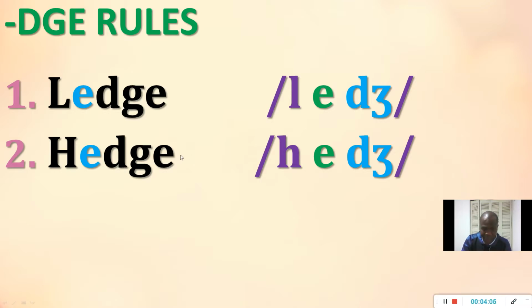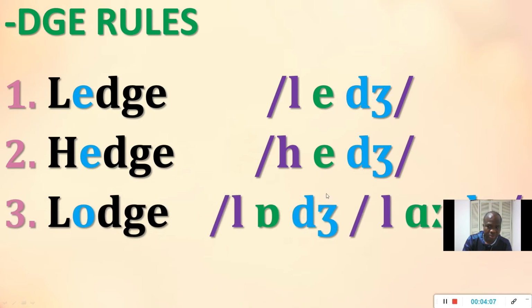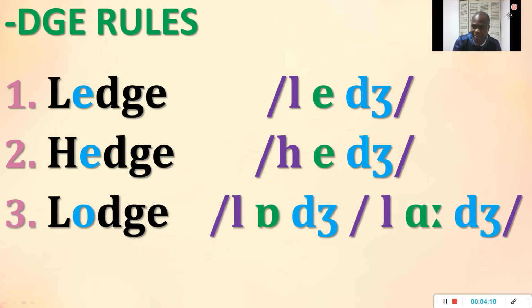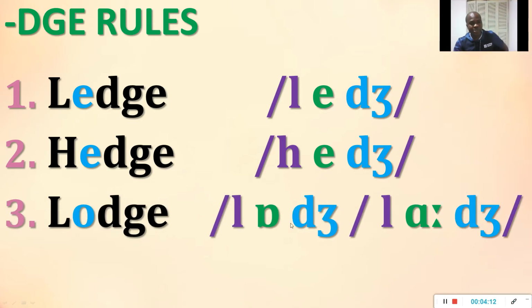Now let's look at the next example. Let me push up my camera. The next example is lodge. So we have two pronunciations for this word. The first pronunciation is lodge, and the second pronunciation is large.